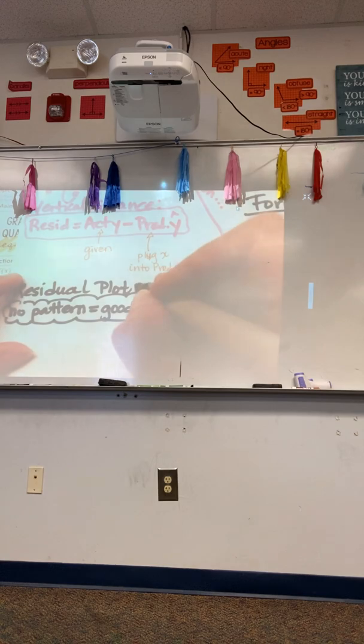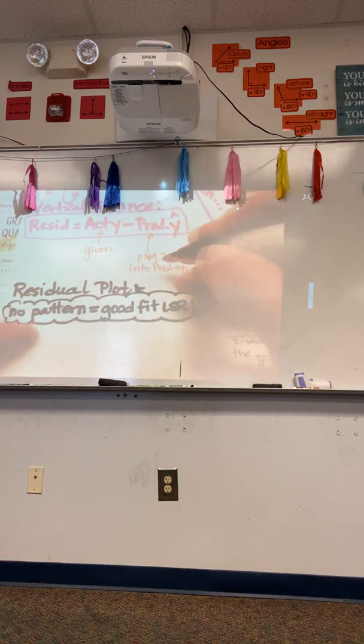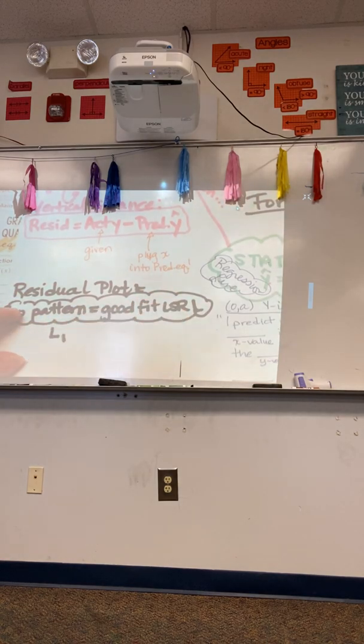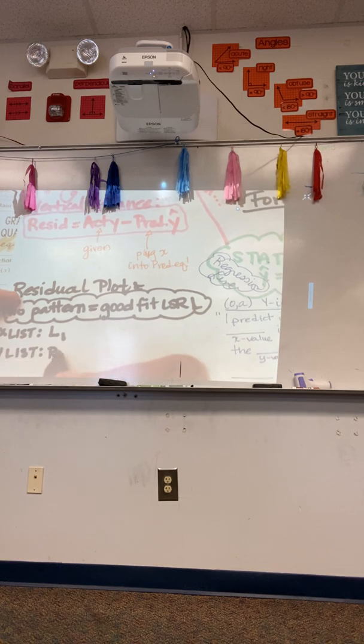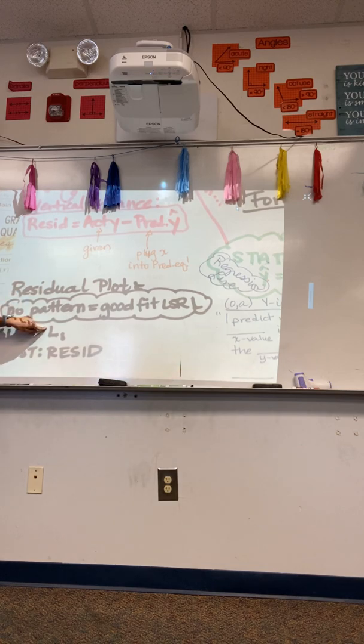Now, how do you do a residual plot? It is L1 in your X list. And in your Y list, it's just another scatter plot, is residuals. So it's going to take all your X values, plot them with your residuals.